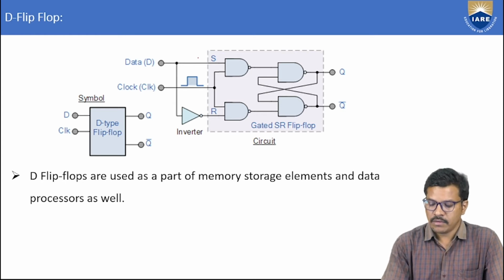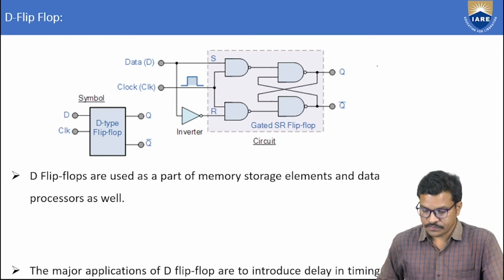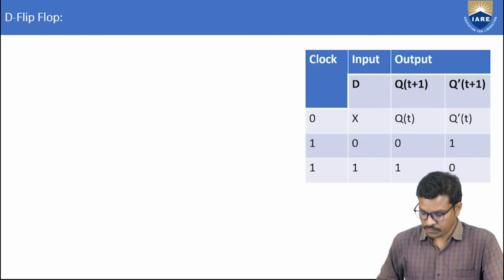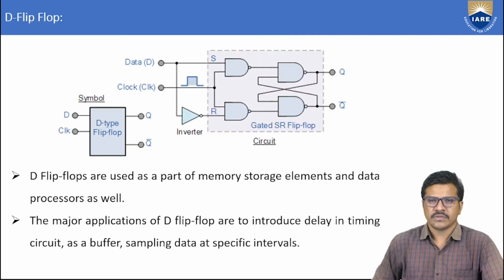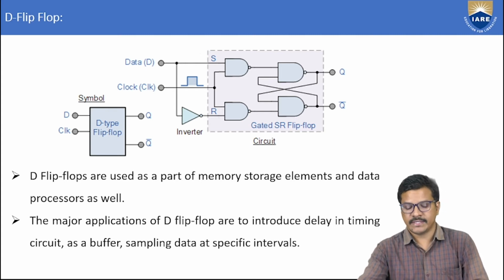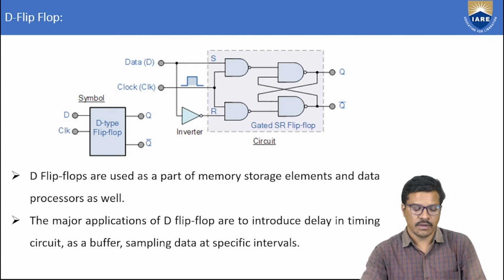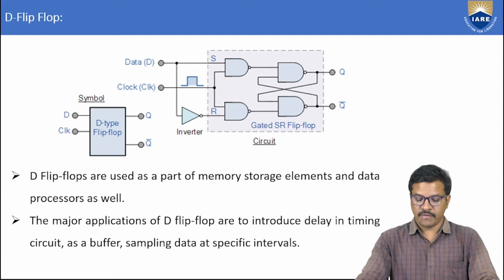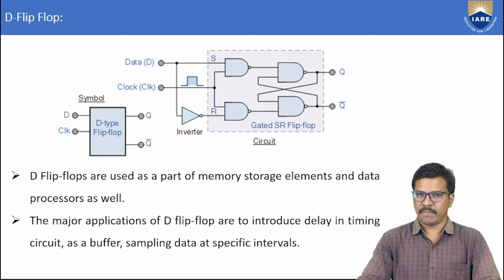What happens when D is equal to 0? D flip-flops are used as part of memory elements and data processing as well. The major application of D flip-flops is to provide delay in timing.